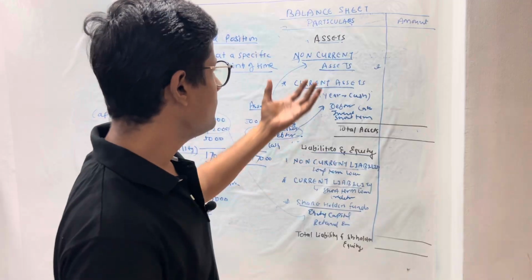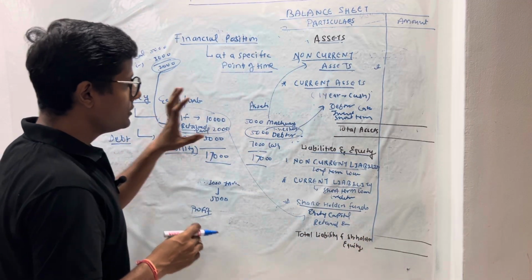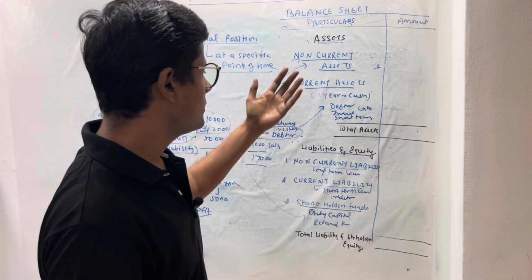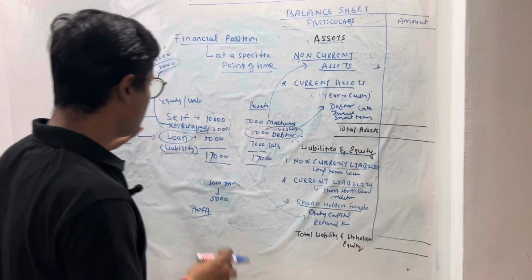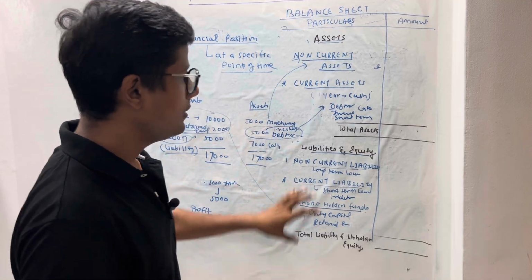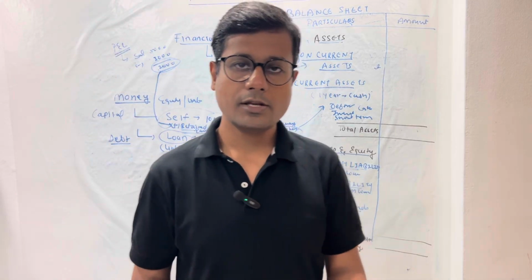This is a very simple format of the balance sheet, and a very simple example I have taken just to show you what the different elements are, how those are mapped, what is current asset, non-current asset. I hope using this example and based on my explanation, you would be able to understand the structure of the balance sheet, right?